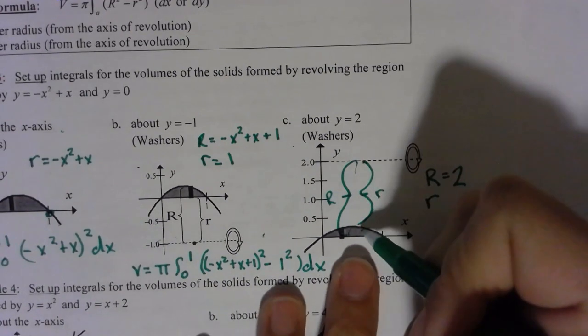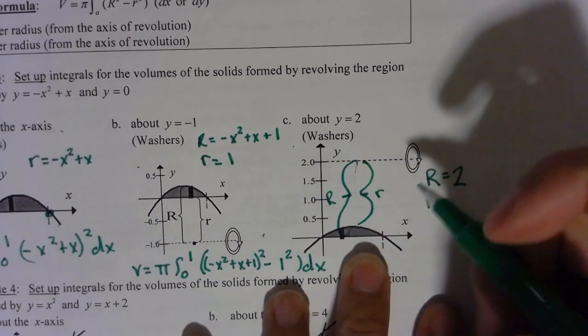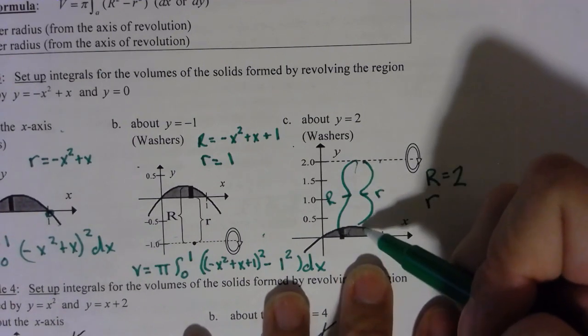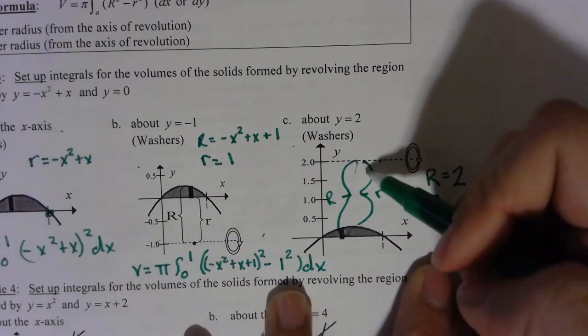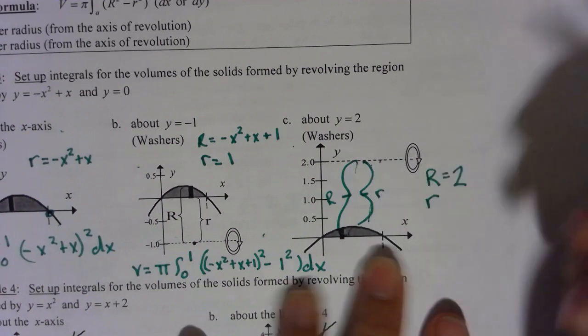So we have to keep in mind that the little r is going to be 2 minus our function, our area under the function. You guys see that? To get this piece, we take our whole minus a small part.